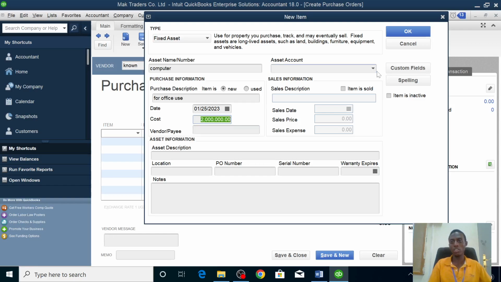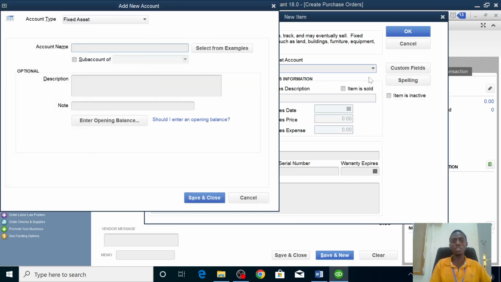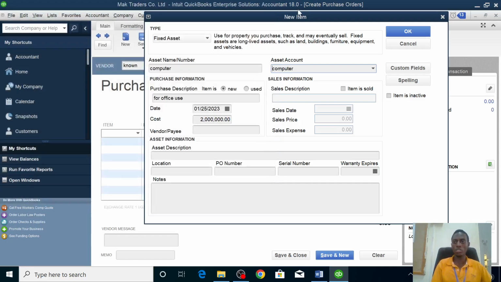I have to add new. Create asset account for this computer. Save and close. Then I say okay.